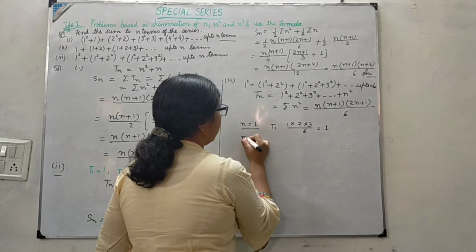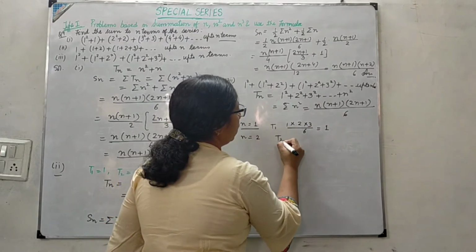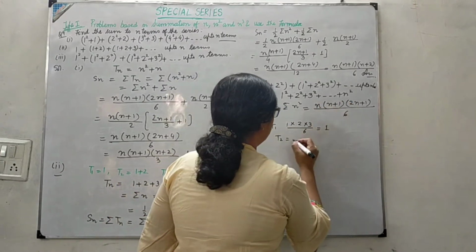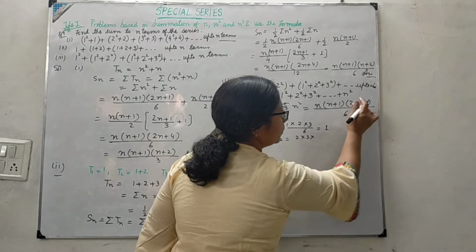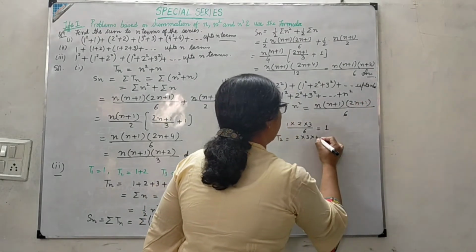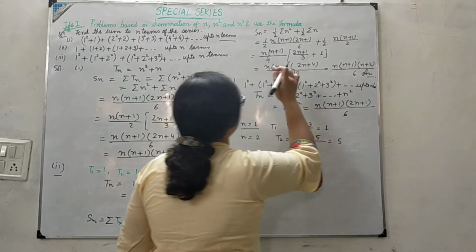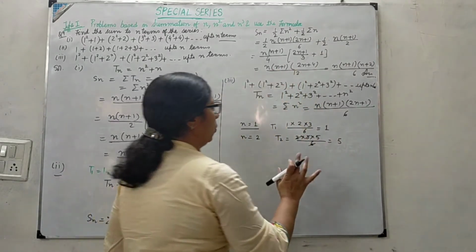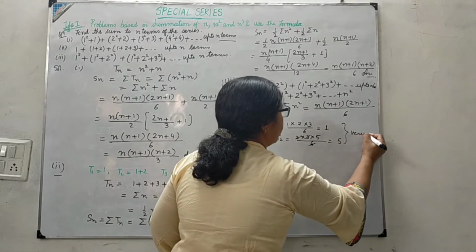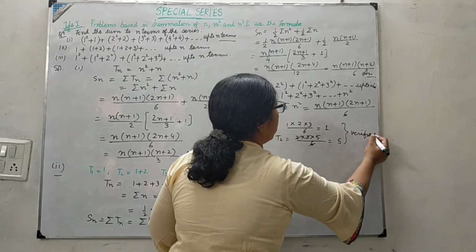This is your T1. If I put n as 2, that T2 will become 2 into 3 into 5 by 6. So this is your 5, you can see 1 square plus 2 square and so on. This is just for verification purpose. You don't need to do it in the question, you can do it in the margin.